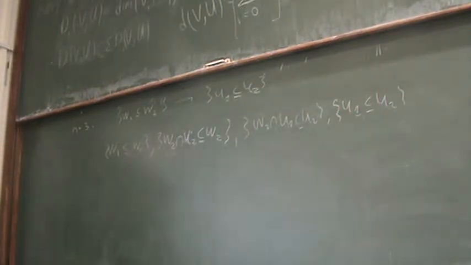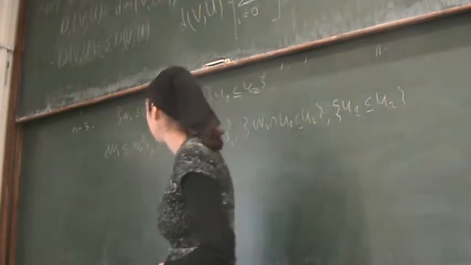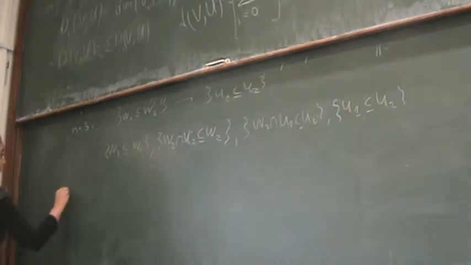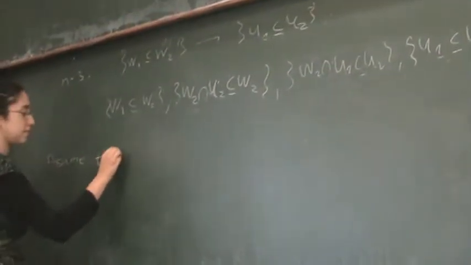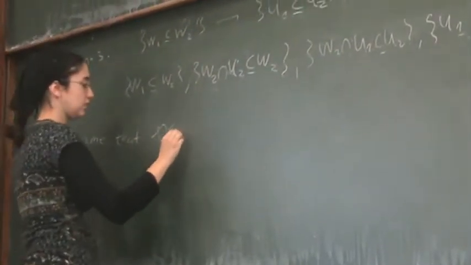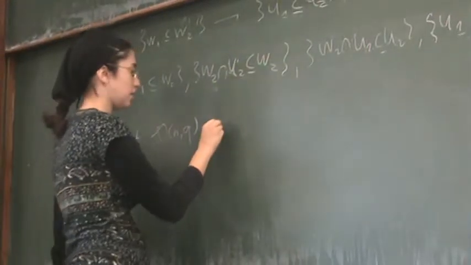So we get that for n equal 3, this is a gallery. And now assume that for n we have a chamber complex.